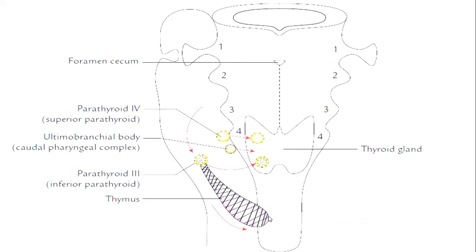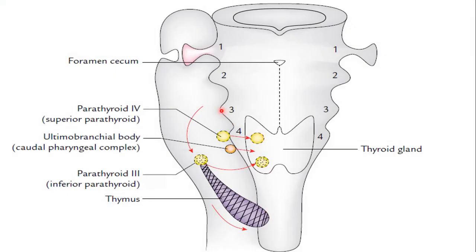Here you can see that from the third, remember these structures usually lose their connection to the pharynx, then they migrate. You can see from the third where the inferior parathyroid and thymus originated from, they migrate caudally. Thymus is headed to the mediastinum. As it heads, it will carry along first the inferior parathyroid.